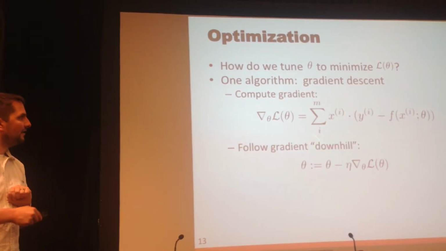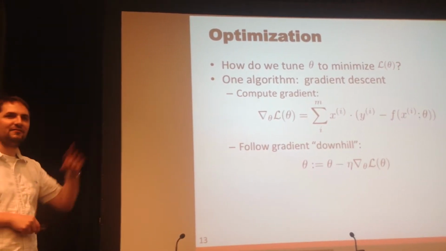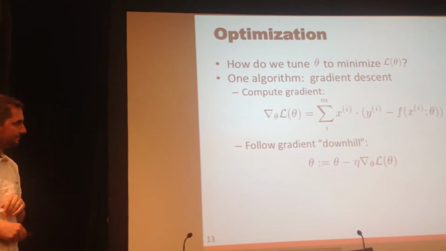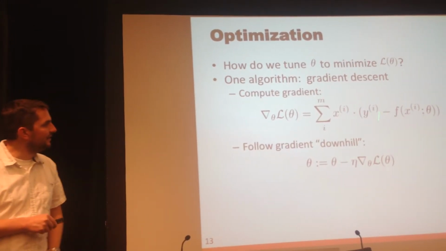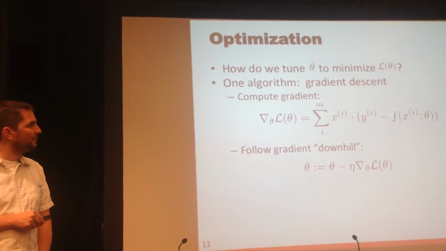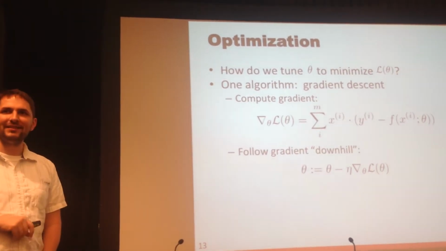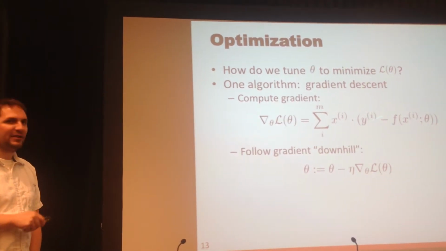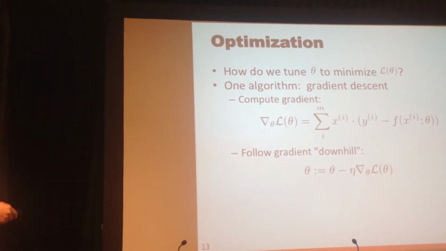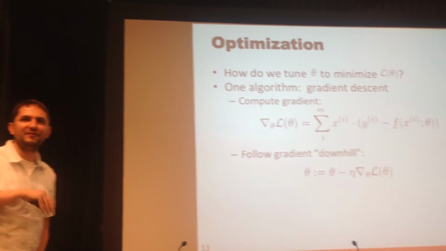Let's say that x is positive here, we have positive valued pixels. It basically says that whenever my label is positive, but f of x is too small, meaning I estimated a low probability but the real label is 1, then it's actually going to increase that coefficient in theta.